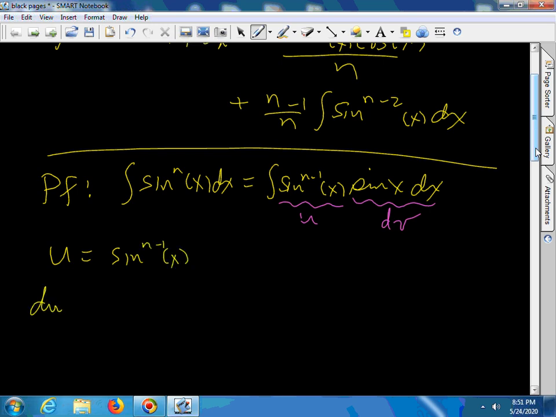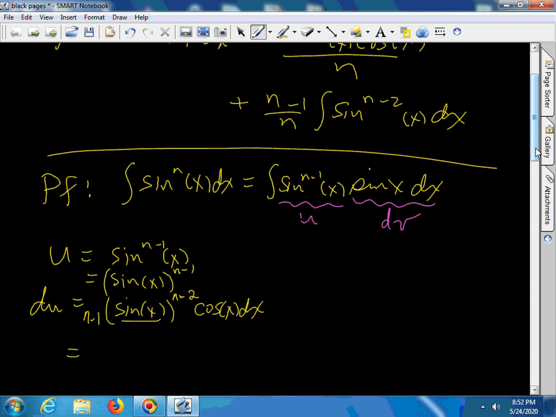So then du will be, now just remember that this is really sine of x all to the n minus 1. So we use the general power rule. We bring down the power, we make the new power 1 less, then we multiply by the derivative of what's inside, which is cosine x dx.